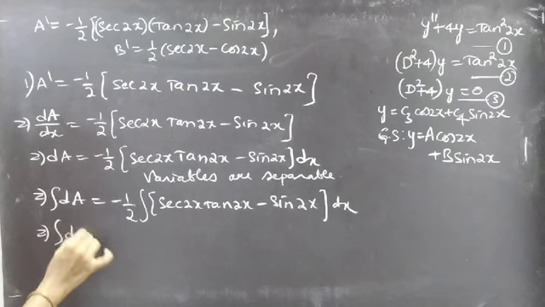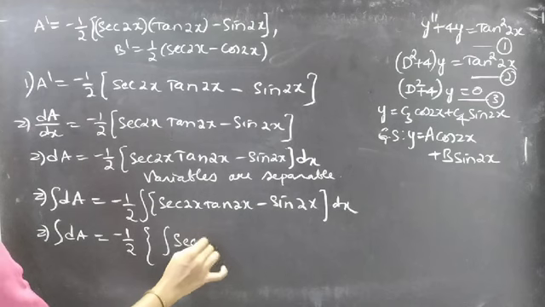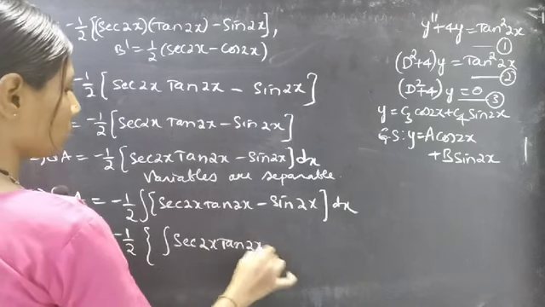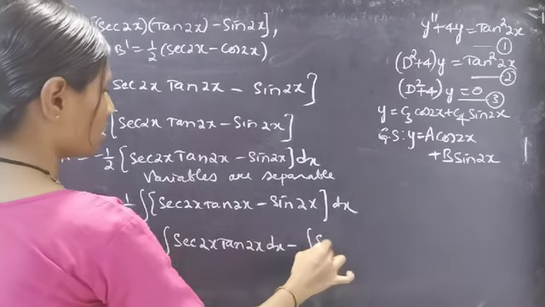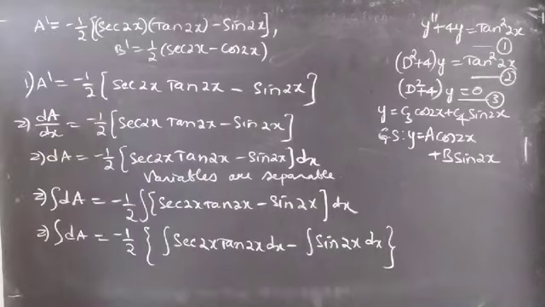From this we'll get integral dA equals minus 1 by 2 into integral secant 2x tan 2x dx minus integral sin 2x dx, right?